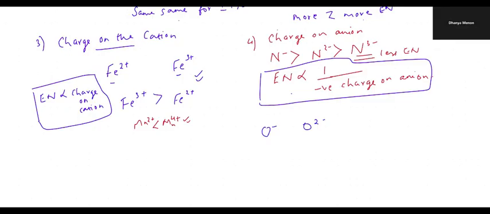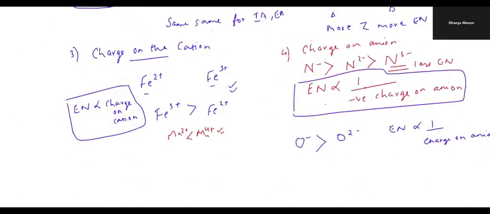O- will be more electronegative than O2-, because electronegativity is inversely proportional to charge on the anion. Right. So these are the 4 cases. And we still have one more. I hope till here it is clear, right?